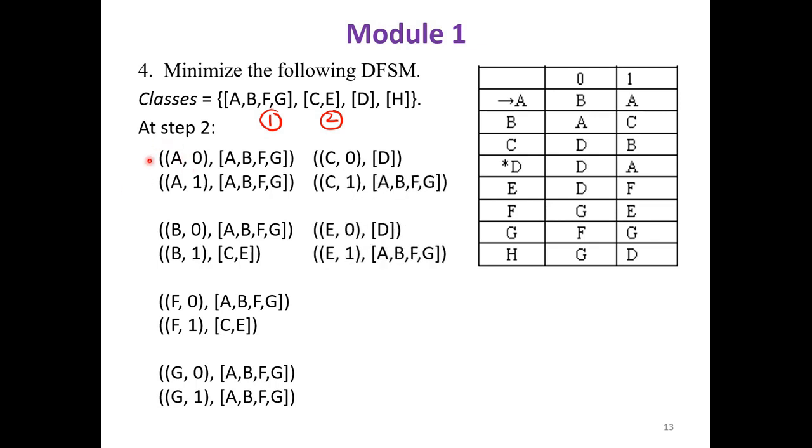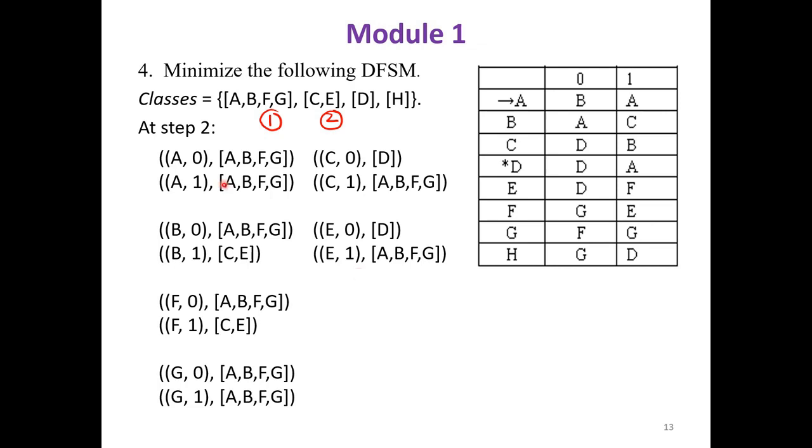A0 is going to B, which is in the first class, A, B, F, G. Similarly, A1 is going to A, which is in class 1. B0 goes to A, class 1. B1 is going to C, which is in class 2. So B1 going to CE. In this way we have to obtain for all the states.